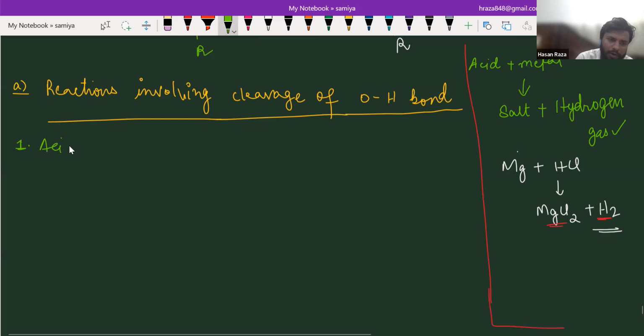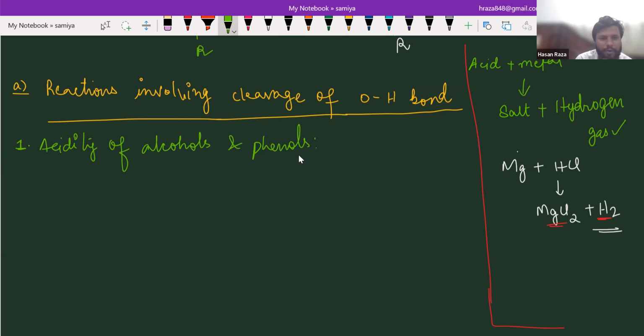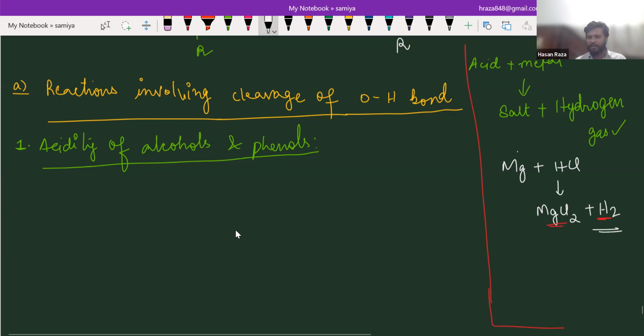First of all, we are going to learn about the acidity of alcohols and phenols. You have to be careful: alcohols and phenols are acidic in nature. That means they give H plus, so basically they are acids.